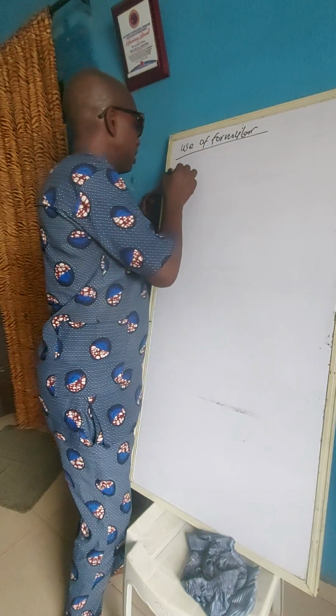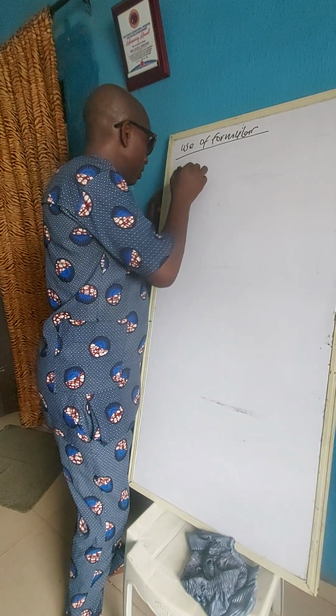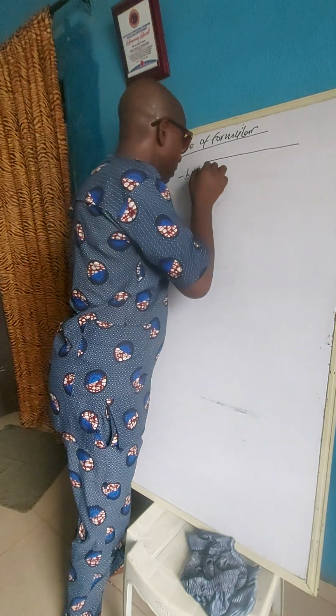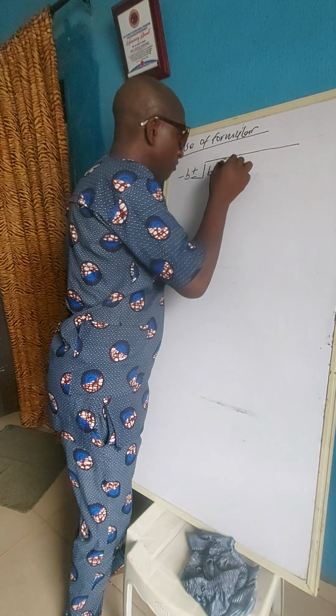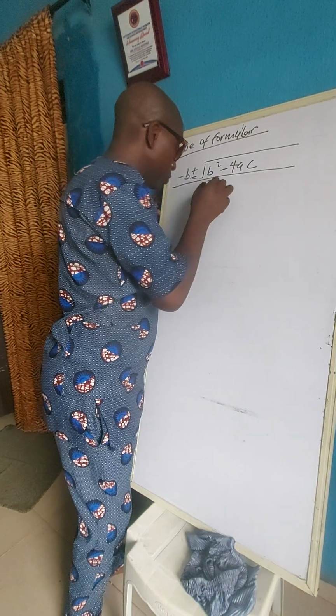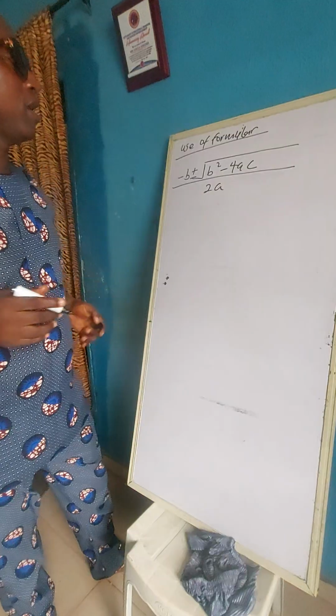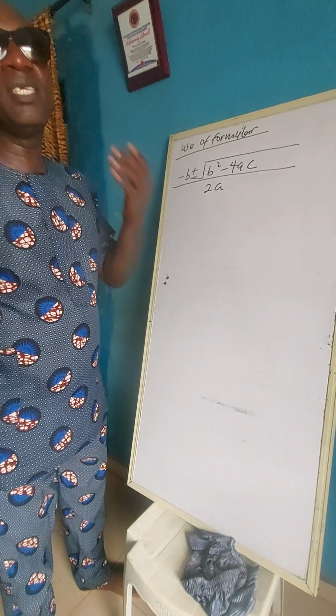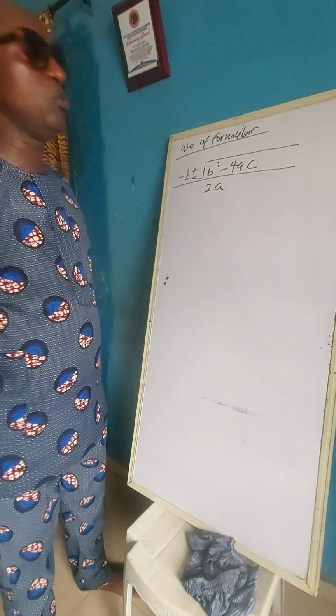Use of formula. This is minus b plus or minus square root b squared minus 4ac all over 2a. Don't be surprised about this formula. They are very simple. When I get to completing the square, that's what we are going to use.